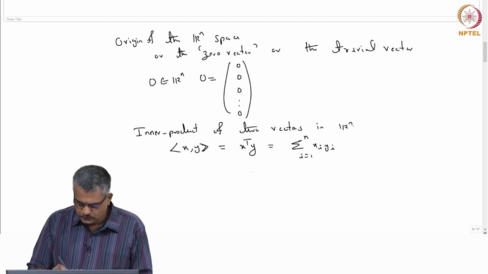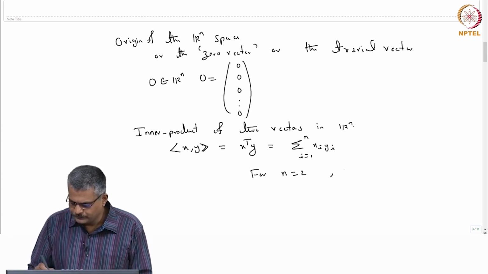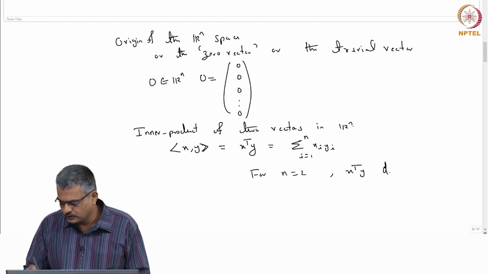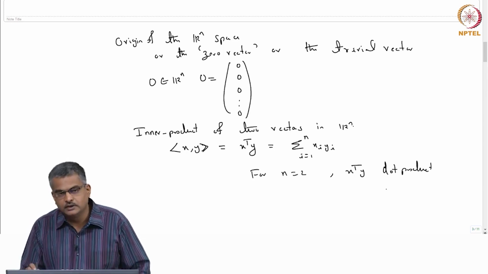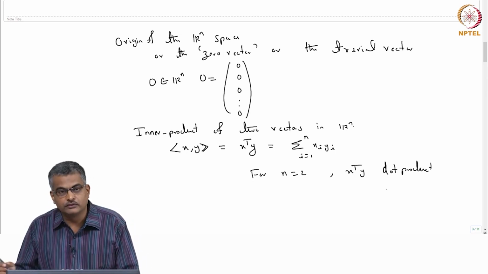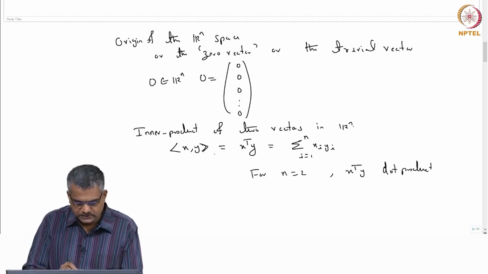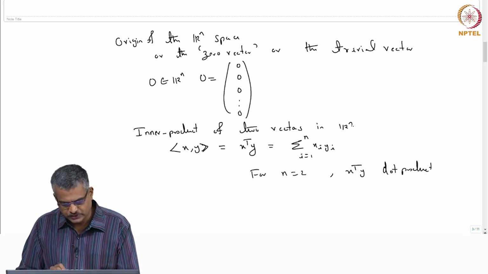For n equal to 2 or n equal to 3 you have the usual dot product that we are already familiar with. But this captures the notion of dot product in an n dimensional space.